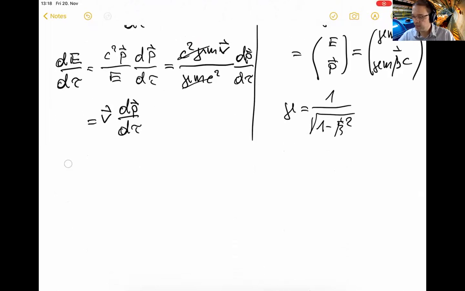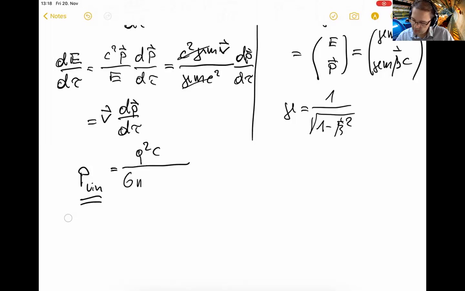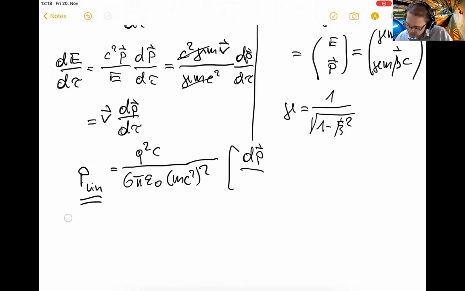So let's do it. The dissipated power for linear acceleration is our prefactor q squared c divided by 6 pi epsilon 0 times mc squared squared, times the dp with respect to d tau squared minus 1 over c squared times the v squared.